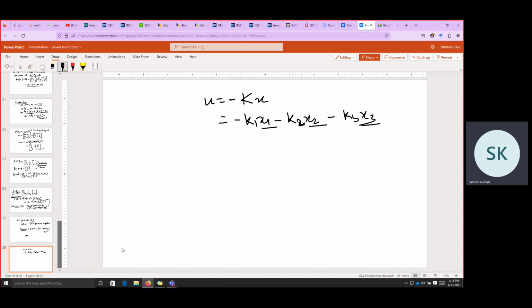Now we have seen why observability is required for a system, because the measured quantity is the output. It may not be all the states. So these states have to be estimated based on the output. In that case, an observer has to be designed.